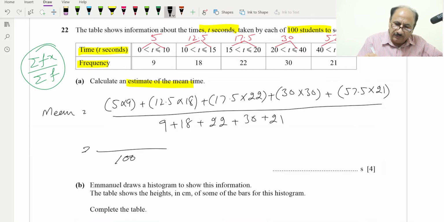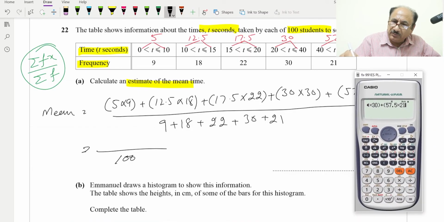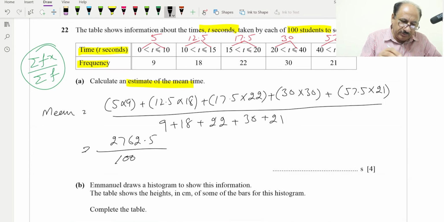So the denominator is 100, and the numerator we can solve: we'll put brackets first, so 5 into 9 plus 12.5 multiplied by 18 and bracket close, plus 17.5 multiplied by 22 and plus 30 multiplied by 30 and bracket close, and plus the next value 57.5 multiplied by 21, bracket close, and this results in 2762.5.